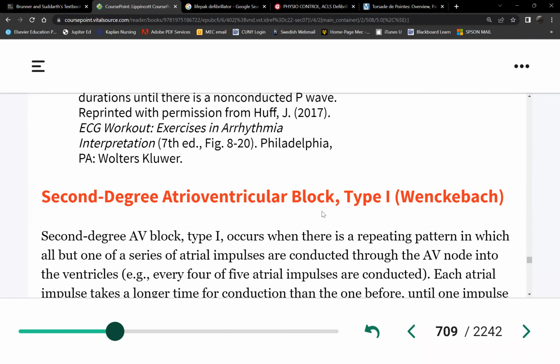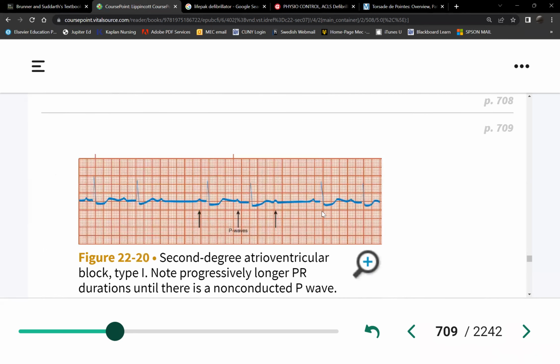When you kept saying that they weren't showing up, what is that? Me not showing up is a second degree type 2. So what does that represent? This one's complete, right? P, Q, R, S, T. P, Q, R, S, T. P, no QRS. P, Q, R, S, T. P, Q, R, S, T. P, no QRS. So sometimes there's no QRS.